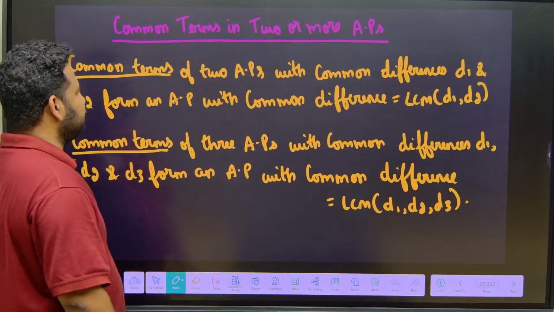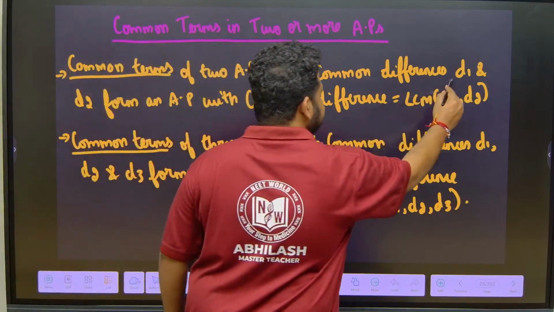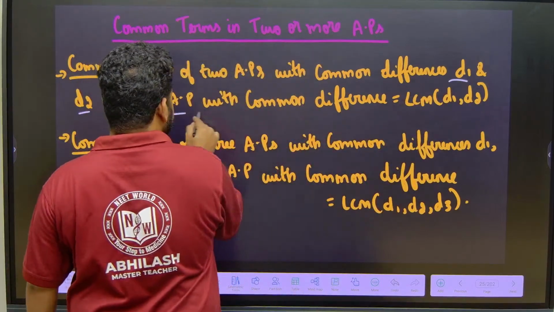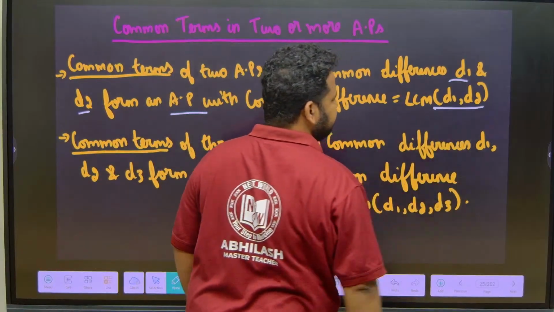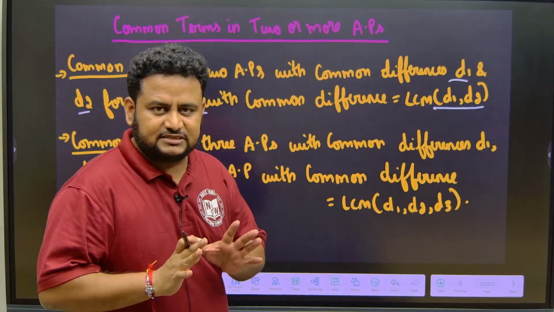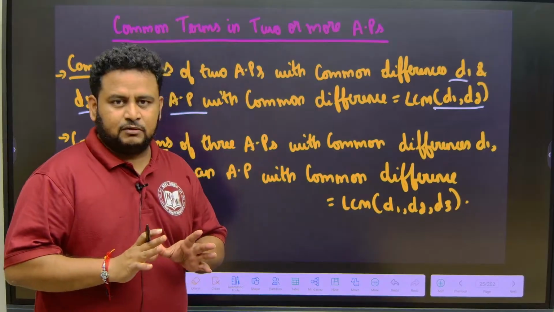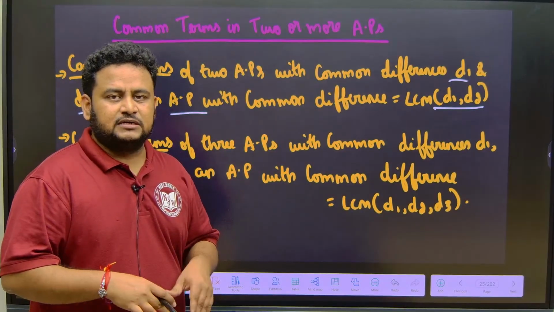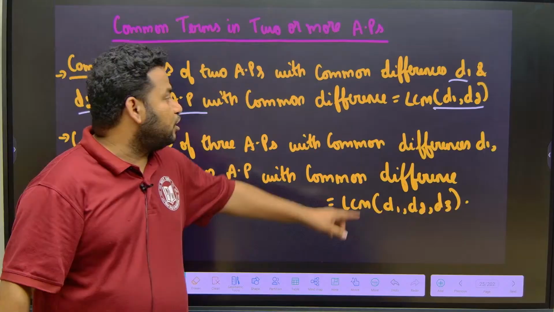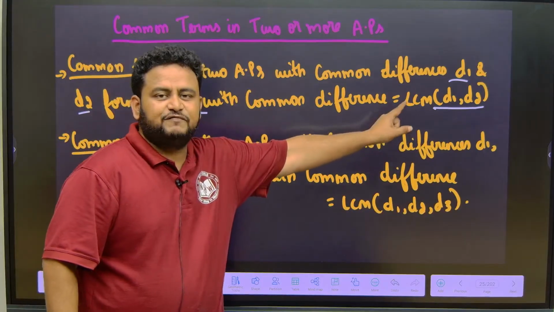Common terms of two APs with common differences D1 and D2 form an AP with common difference LCM of D1 and D2. So if two APs are given and the common differences are different, a common AP will be formed with the common difference of LCM of D1 and D2.